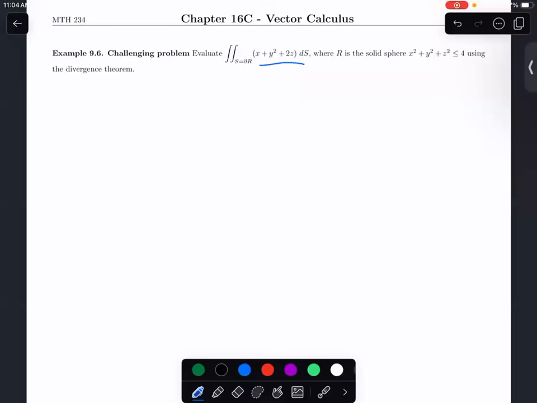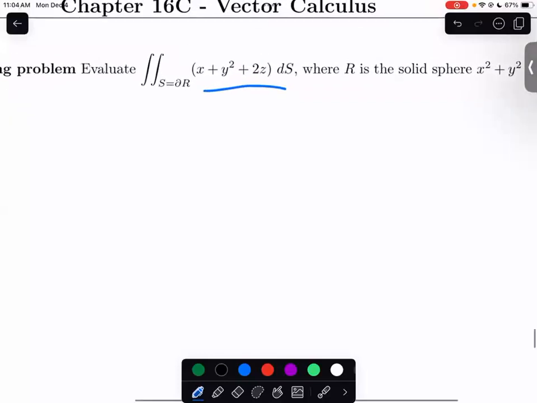This is a surface integral with a scalar function. Notice that this is not a vector field. It doesn't have components. You don't see a bunch of commas and angled brackets or i's and j's and k's. This would be like adding up plankton or something. Sorry, we're on a surface, so this would be more like the snakes on the plane sort of deal. Like we're adding up some snake density function on some surface.